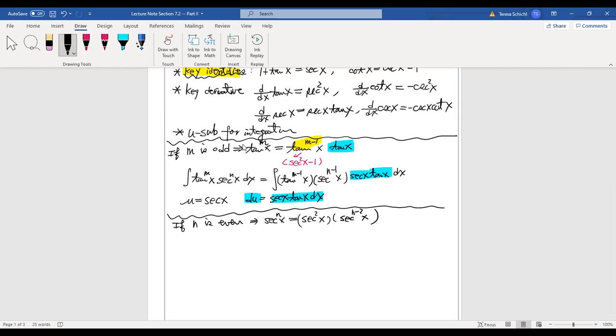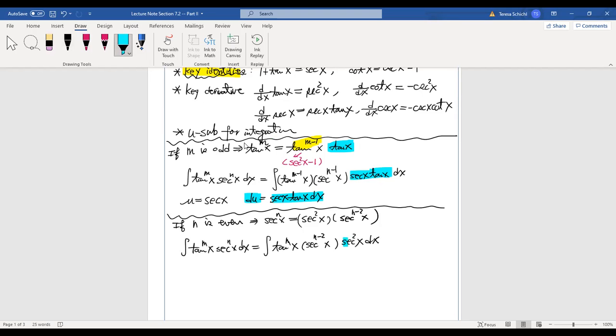Now let's see what's going on here. In your integration, this is tangent^m x secant^n x dx. Remember we said you can factor out one, so this is tangent^m x, then secant^(n-2) x, and then you have a secant squared x, and you factor out the dx here.